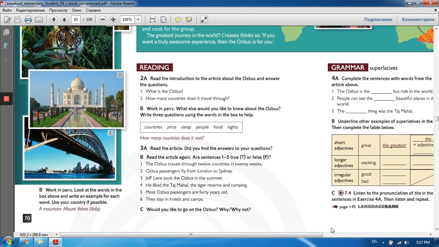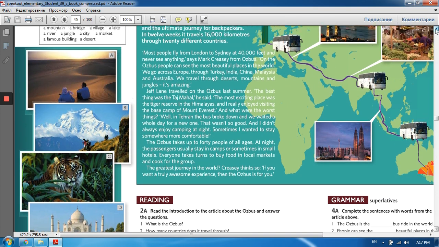So let's continue. Working in pairs. Look at the words in the box above and write an example for each word. Use your country if possible. Yes, it's possible. I want to use some places or things of our country. So let's use some of them.